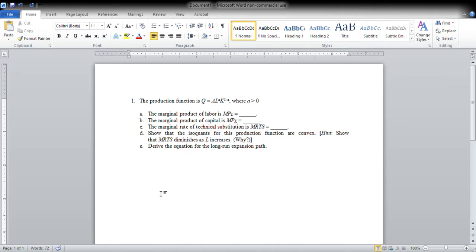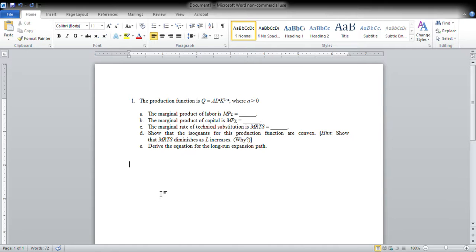K is capital. You can remember this by misspelling capital. Spell it with a K. But it's capital to the power of 1 minus A. And again, A is just some number that's greater than 0. Okay, so what does this mean?